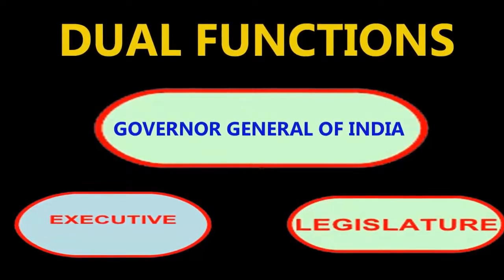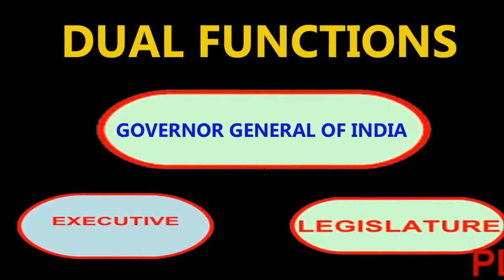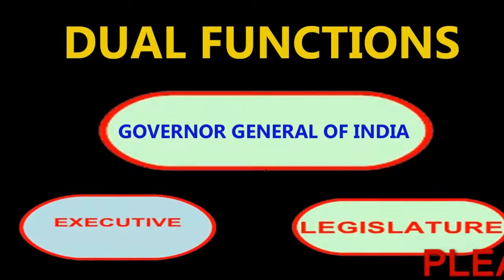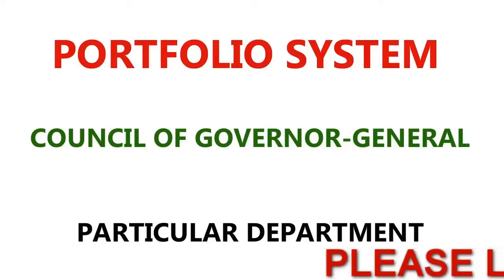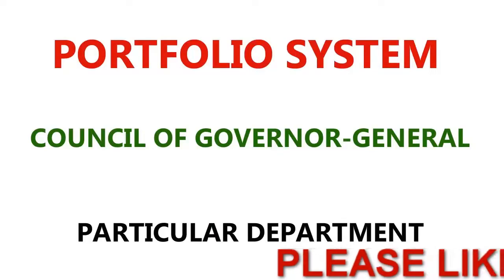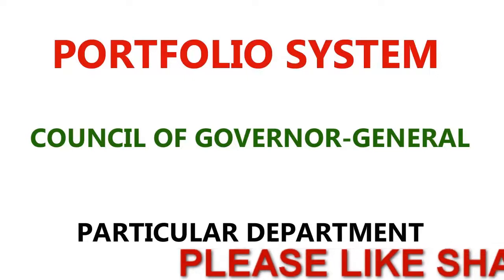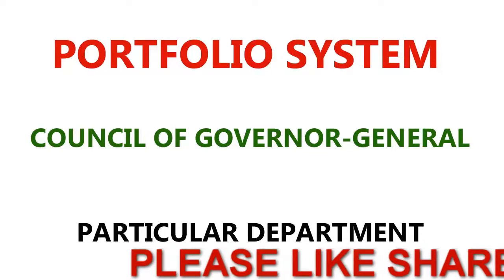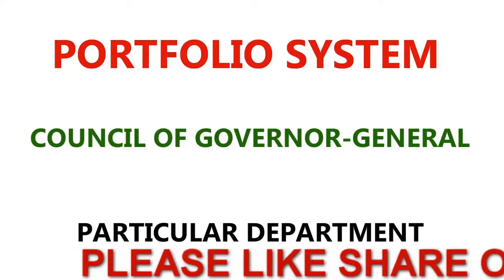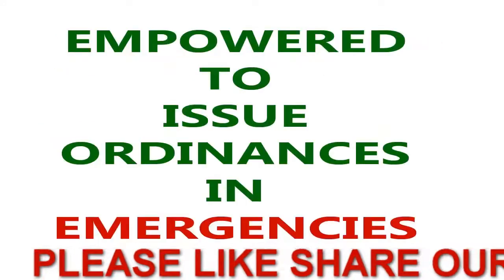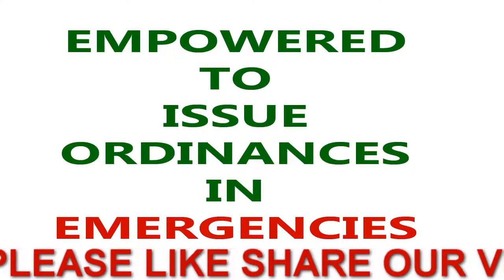The Council of the Governor General of India performed the dual functions of executive and legislature. And the third point is that the portfolio system was started, that is, each member of the Council of the Governor General was allocated a portfolio of a particular department. The Viceroy of India was empowered to issue ordinances in an emergency.